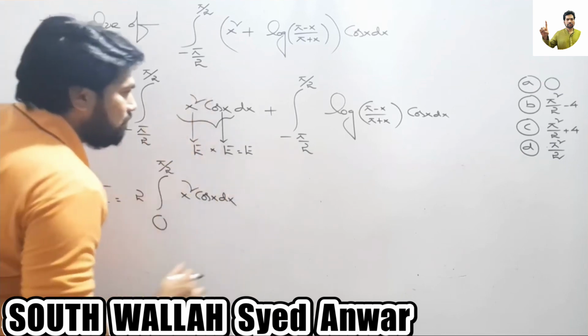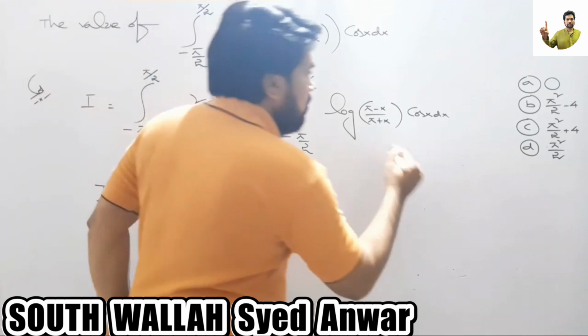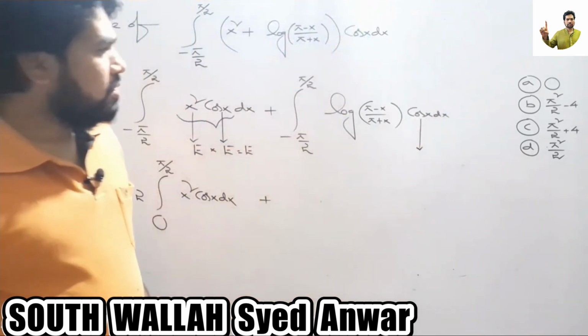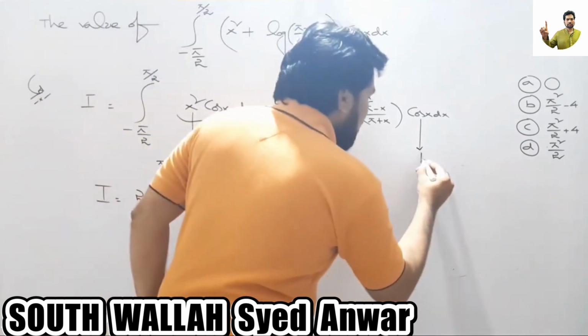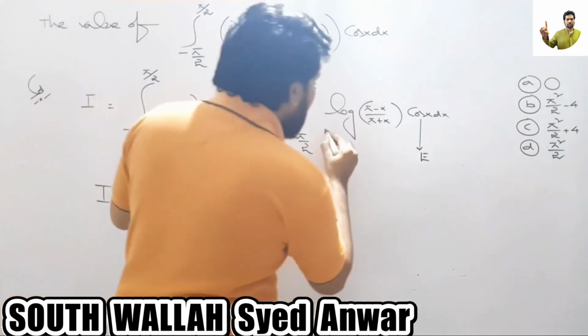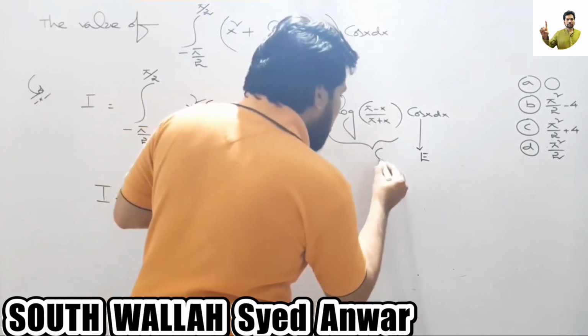So this part has completed here. Now we talk about this integrand. Cos x is clearly an even function. But log of (pi minus x) by (pi plus x) is clearly an odd function.